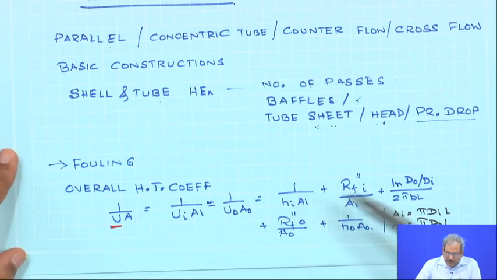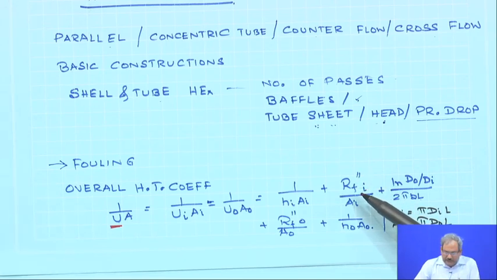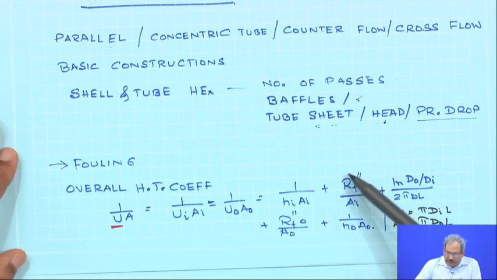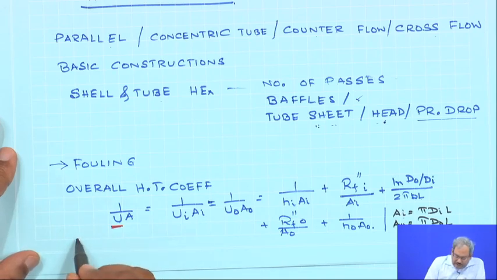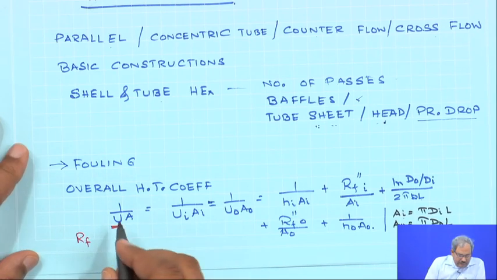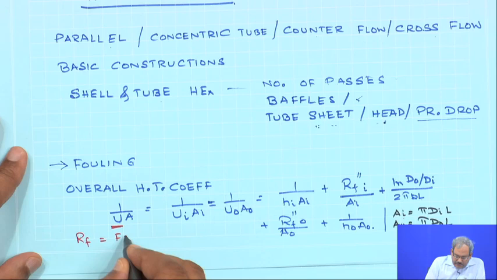The first one is the convective resistance, this is the conductive resistance, and this is the convective resistance on the outside. Whereas R_f double prime i is the contact resistance for the inside surface, this is the contact resistance for the outside surface, and this R_f is known as the fouling factor.